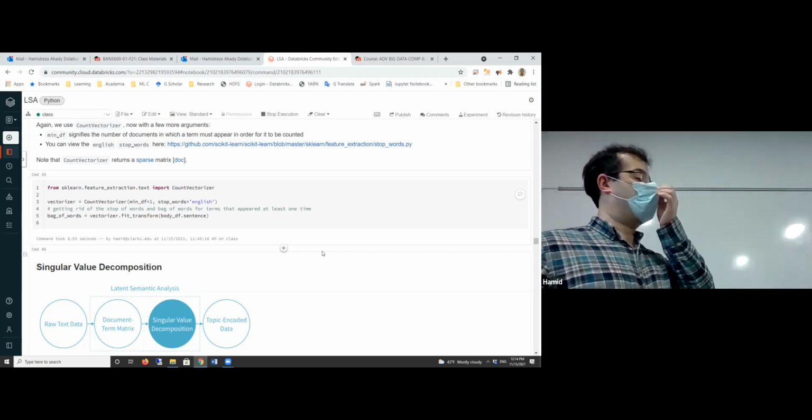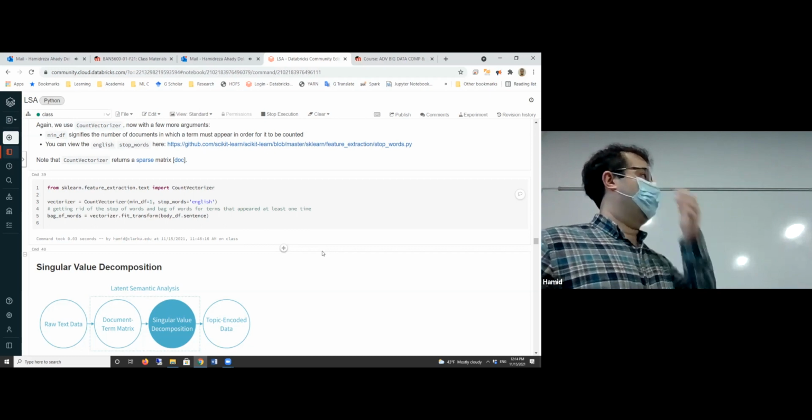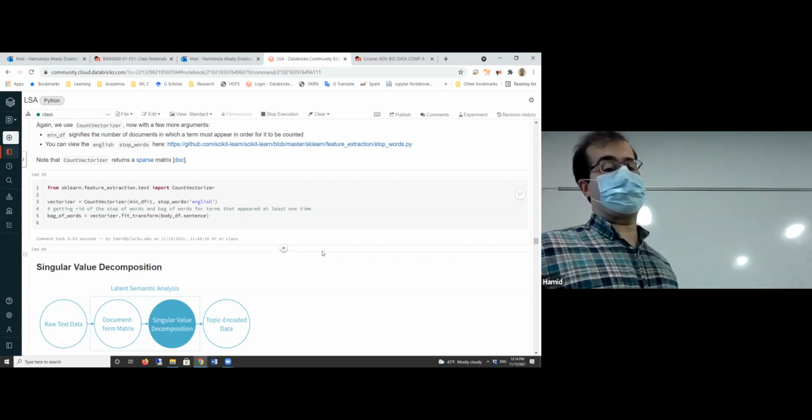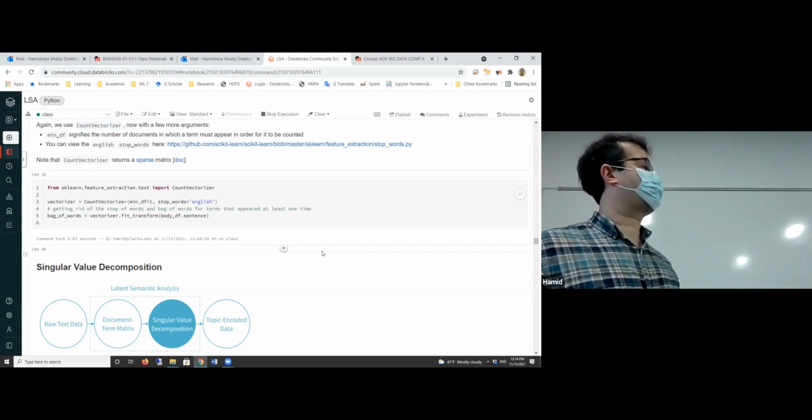So bag of words are basically the sets of tokens that I can later use for decomposition of my sentences or basically body, and for applying machine learning algorithms.